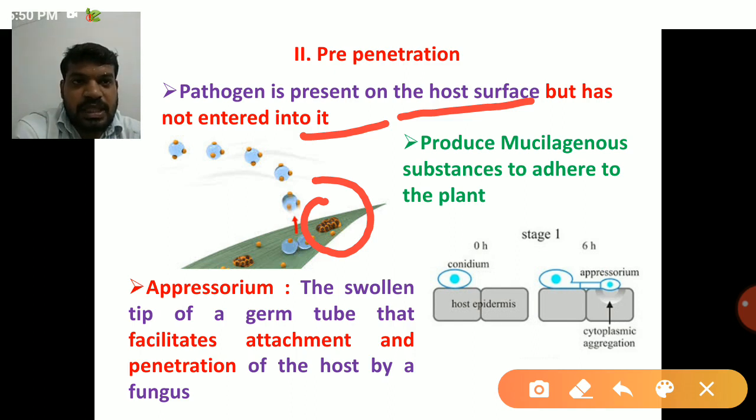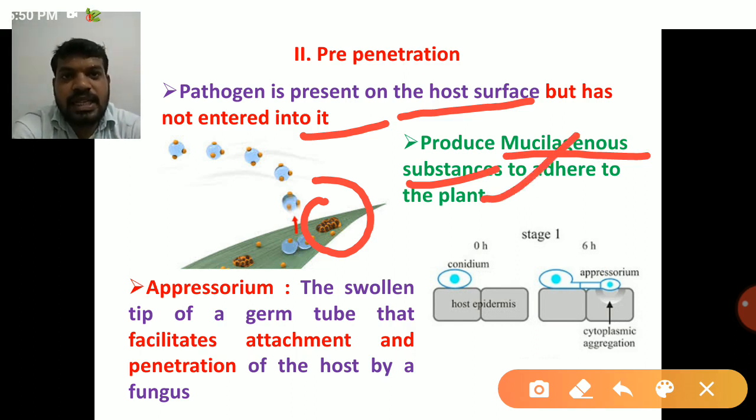So in this stage, the pathogen produces mucilaginous substances to adhere to the plants. So it will produce adhesin chemicals to adhere or attach to the plant.